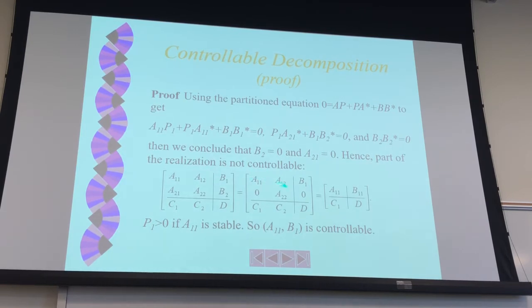Basically you have A11, B1 as the controllable subspace, the part of controllable and uncontrollable decomposition. We have seen this before, with a zero here and a zero here. If P happens to be positive semi-definite, or P1 positive definite, then the controllable part is also stable, so this part is controllable.